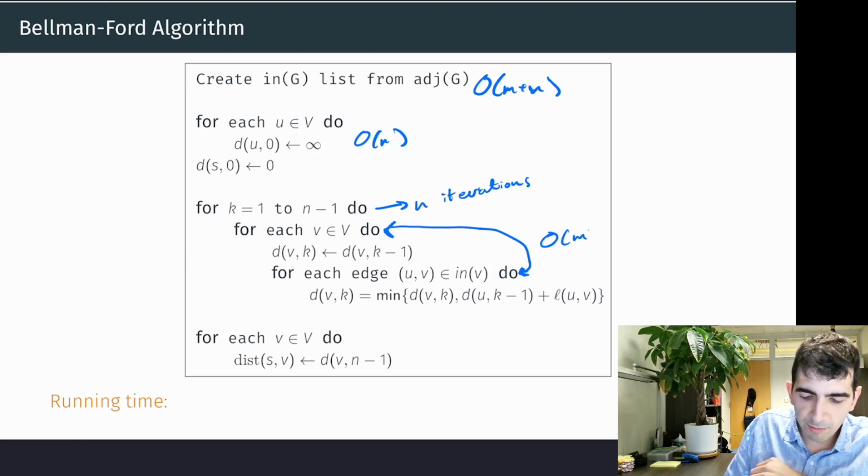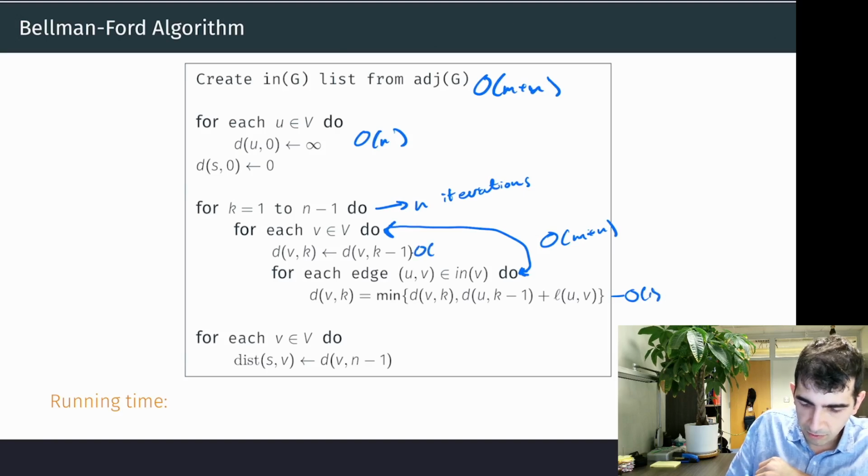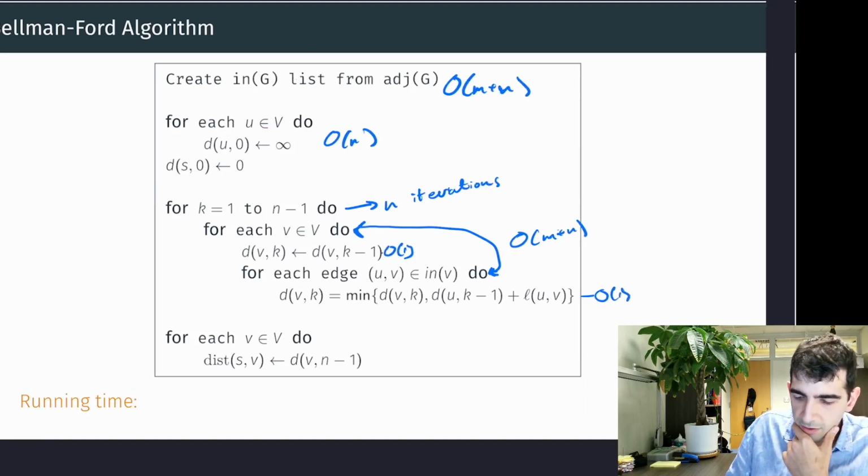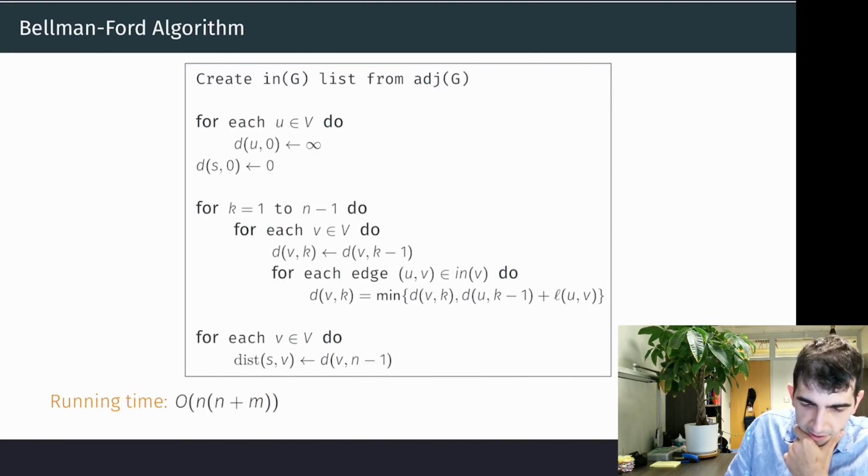And if there are very few edges and lots of vertices, then you have to consider that this work becomes significant, so you do O of m plus n work. Each of these calculations takes constant time, O of 1. So the running time becomes n times O of m plus n. Okay, makes sense.